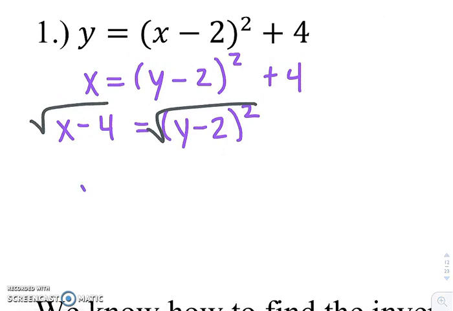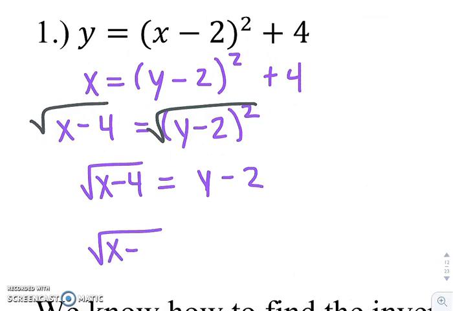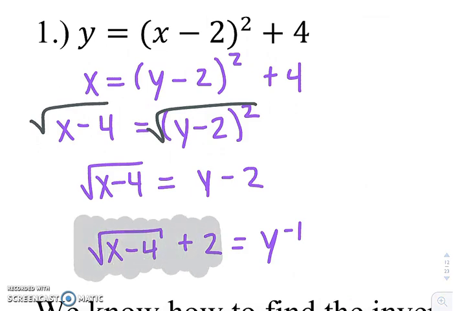So we've got the square root of x minus 4 equals now just y minus 2. And we would add the 2 over, not to the 4, so now plus 2 equals y, and we're going to make this y to the negative first to note that it's the inverse. So we switch our x and y, and we solve for y.